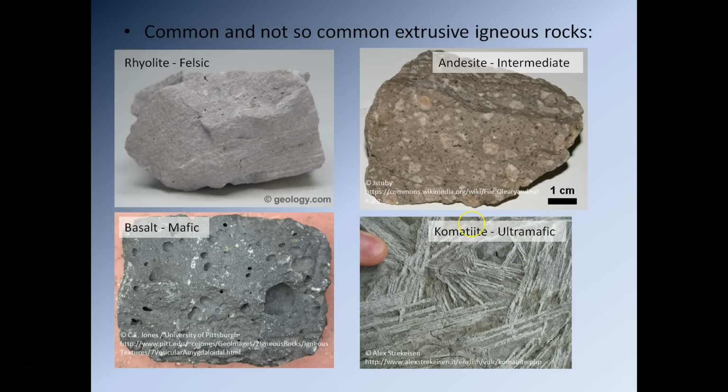So in order to have enough magma to make it to the surface to be erupted, you need to produce very, very large volumes. And in the case of komatiites, we can no longer produce very, very large quantities of ultramafic magma because the Earth's mantle is steadily getting cooler. And that means there are no longer the temperatures down in the Earth's mantle to actually form these komatiitic magmas.